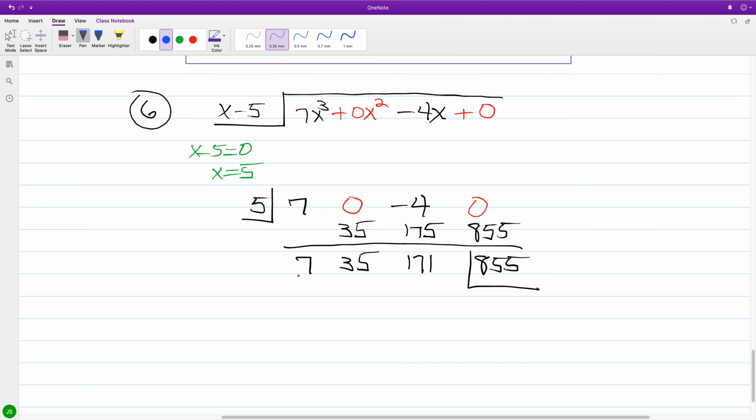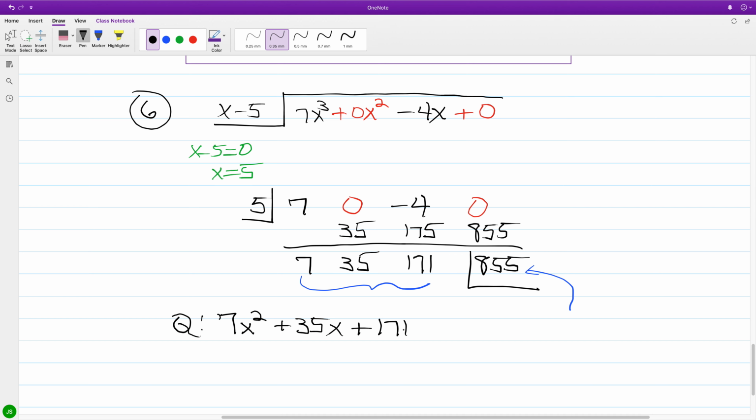So it follows that the quotient is 7x squared plus 35x plus 171. And again, the remainder is 855.